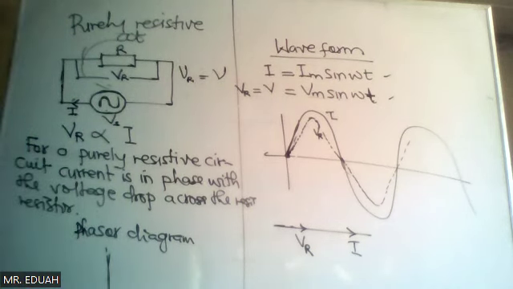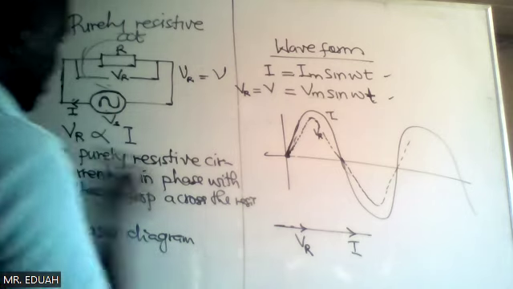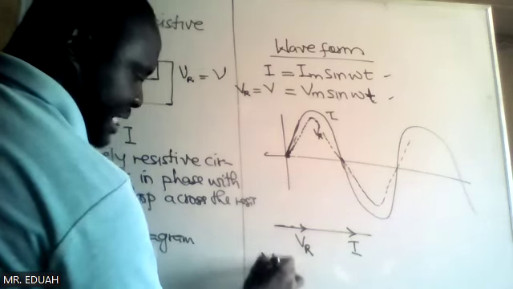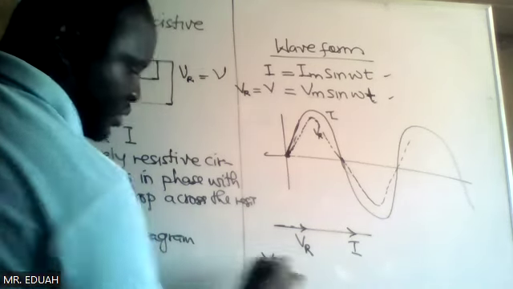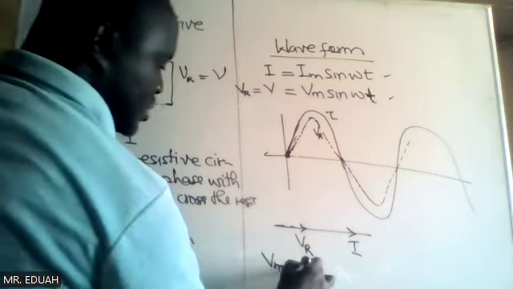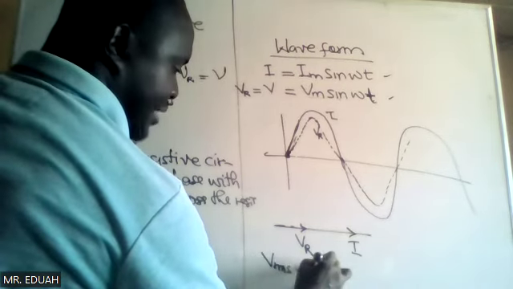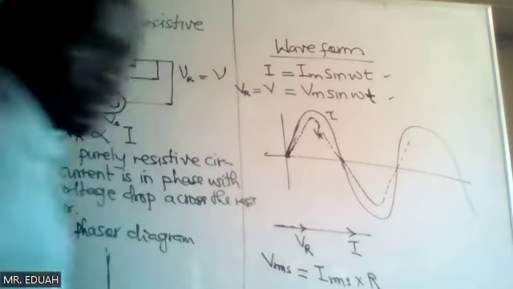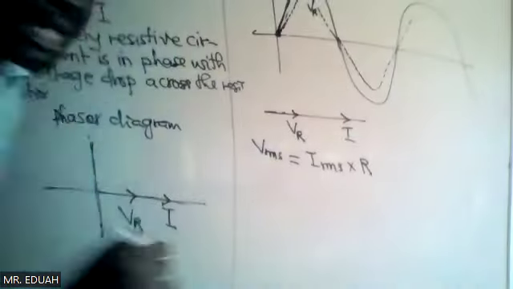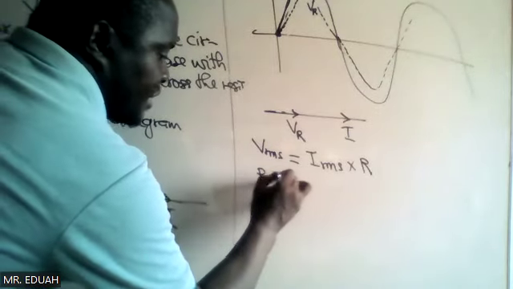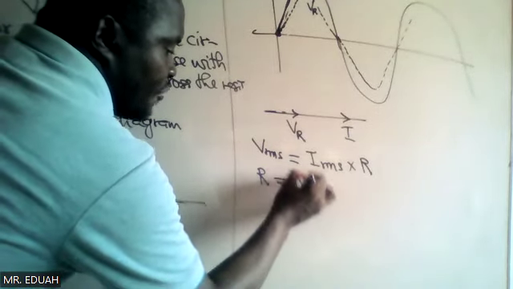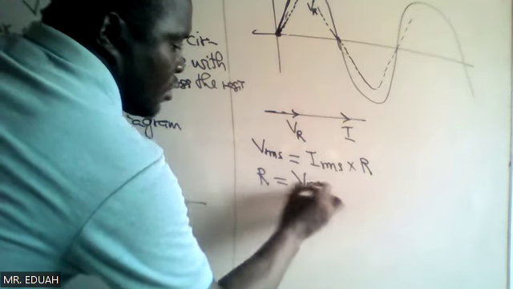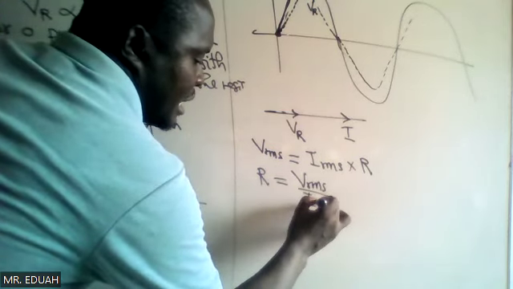All right. So for a purely resistive circuit, the source voltage is the RMS value. Don't forget. And the current through the resistor is also the RMS value. So we extract that, then the resistance of the resistor is equal to V RMS over I RMS.